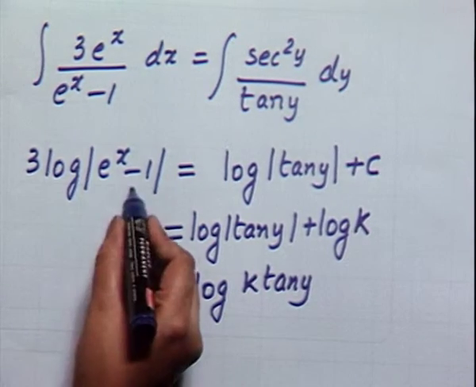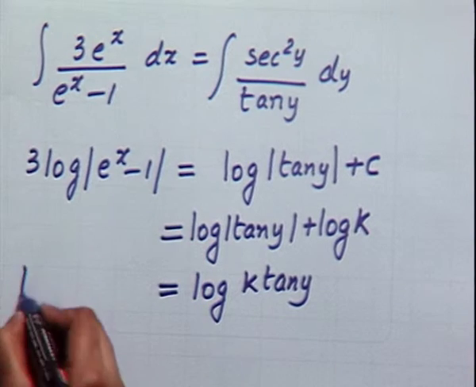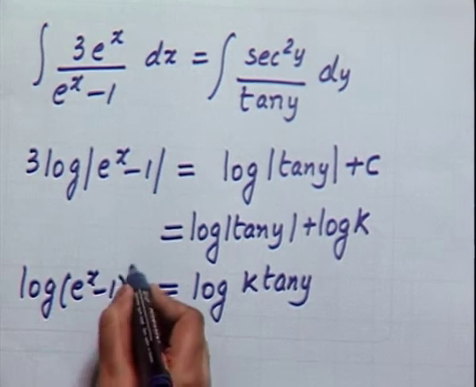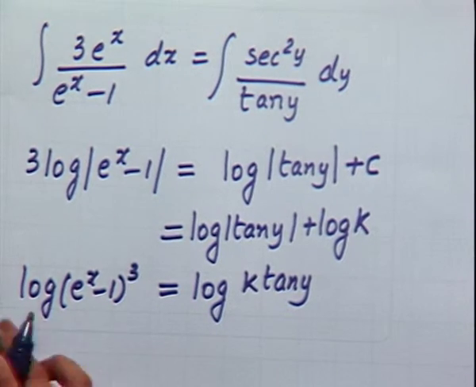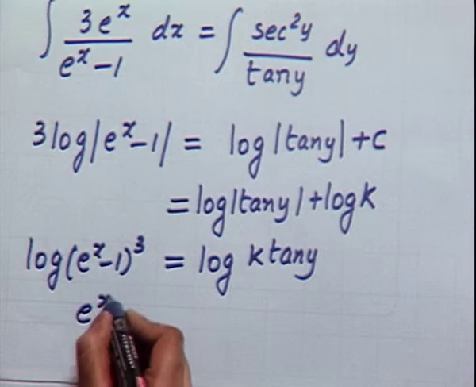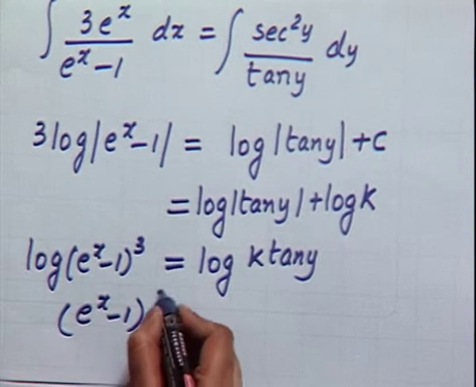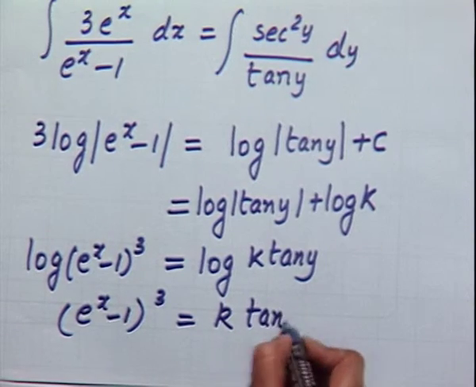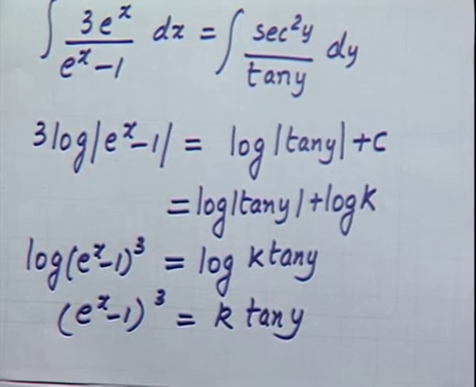On the other side, this 3 can be absorbed here as log of e to the power x minus 1 whole cube. So, I can equate the terms and we will have e to the power x minus 1 whole cube is equal to k times tan y. And this can be taken as your final solution for the given differential equation.